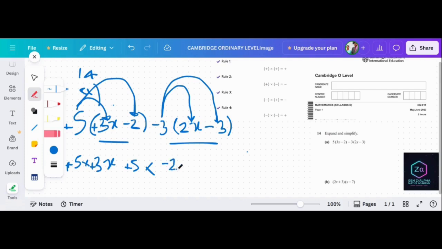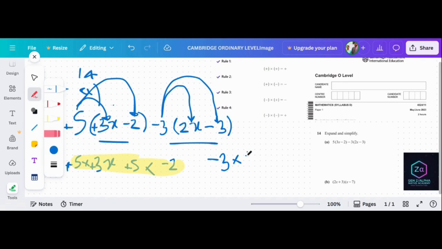Different signs, right? This is for bracket number 1. And also here that number is minus 3. We can write minus 3 into 2x, with no sign in front of that term, so we can say it is a plus number.